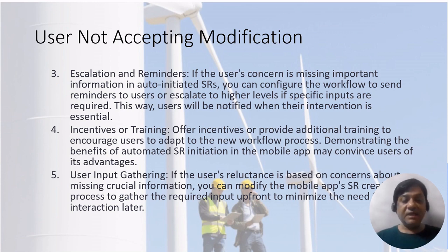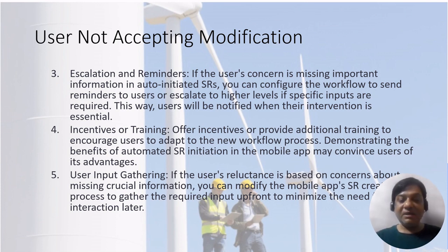Then there are incentives or trainings. Offer incentives or provide additional trainings to encourage users to adapt to this new workflow process. But this is just an additional point, an advantage for Maximo users to use the workflow. Then there is user input gathering.